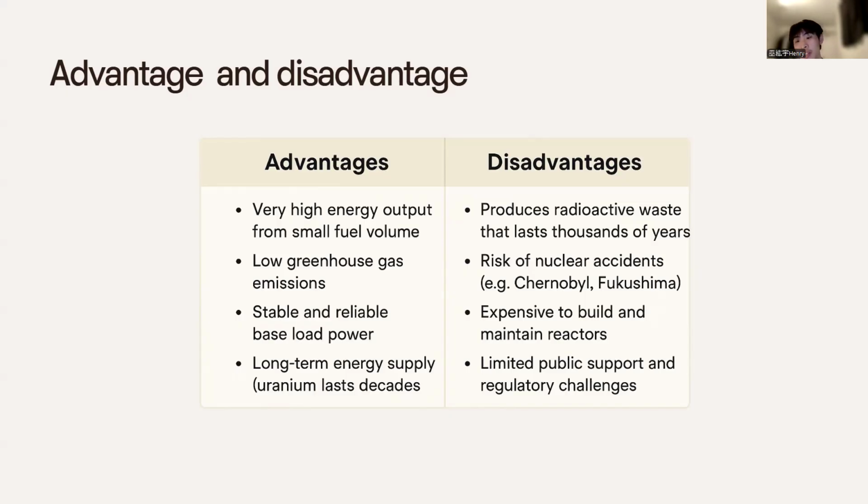On the other hand, the disadvantages are that it produces radioactive waste, just like the one in Japan, which unfortunately lasts for hundreds of years. There is also the high initial cost to build plants, and the risk of nuclear accidents, though rare, just as we mentioned with the one in Japan, but I forgot its name.